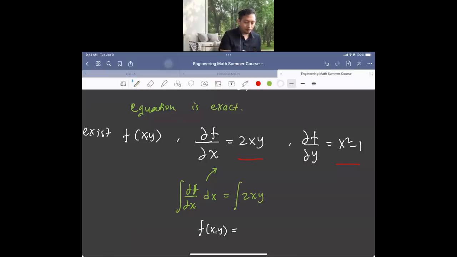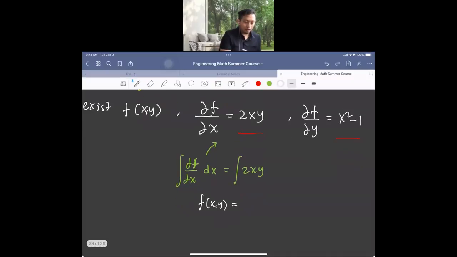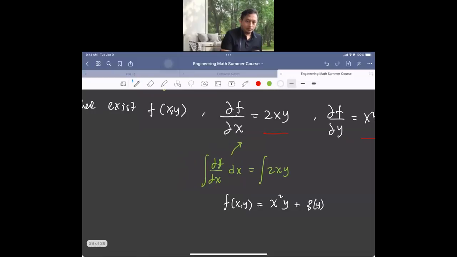So this will result in x squared y, and don't forget that we have plus a function of y. We can say g to make it different from our f. Let's say g of y.